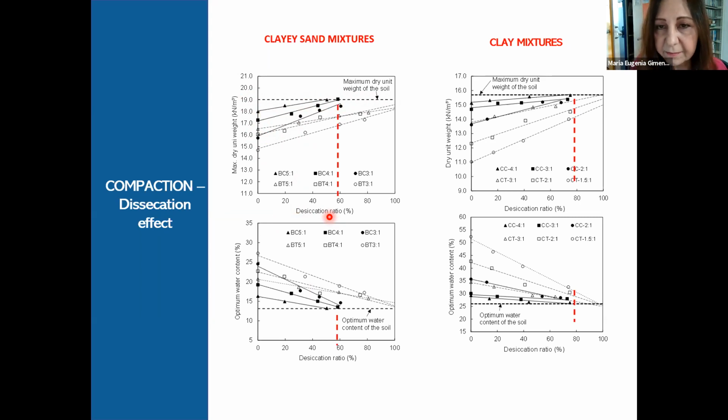They may indicate the use of mixtures with higher WTS content that, once dried to a certain desiccation ratio, may show a good performance in the field comparable with that of soil. And drying the mixture is faster and easier than drying WTS alone.